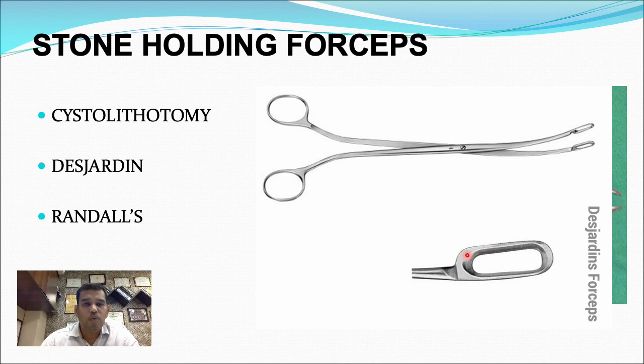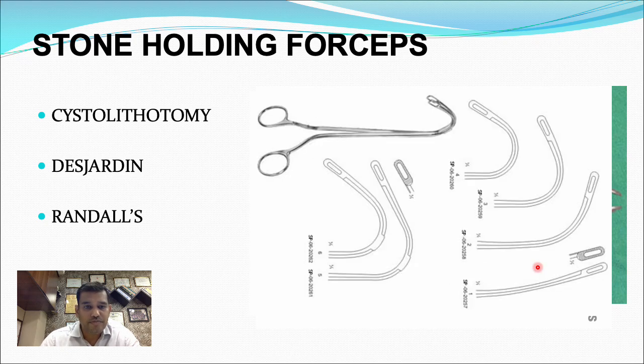When you are doing an open choledocholithotomy, when there are CBD stones and you are exploring the CBD, you use this instrument to remove the stone. Because CBD stones are smaller, they come out very easily with this. Specifically, it was designed by Desjardins for exploring the CBD and removing stones.